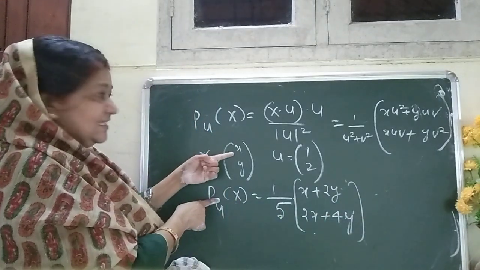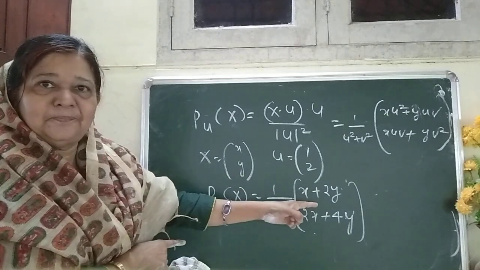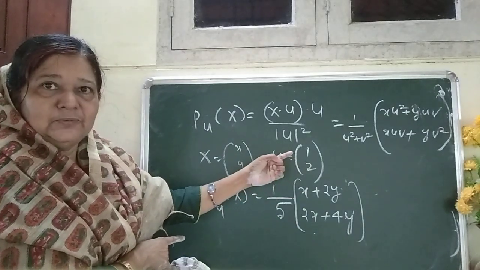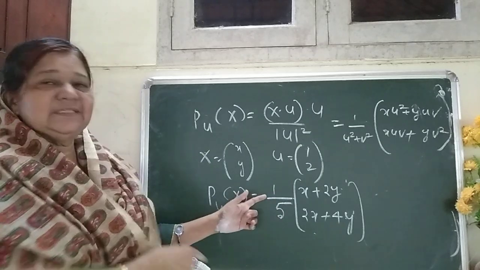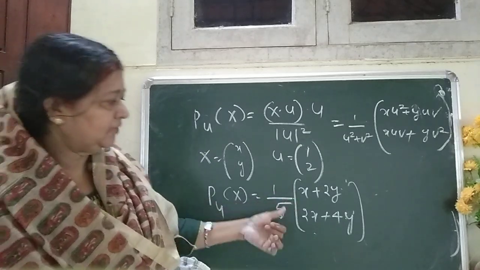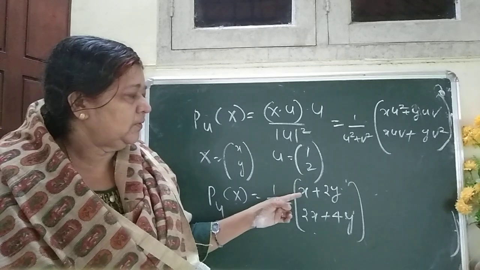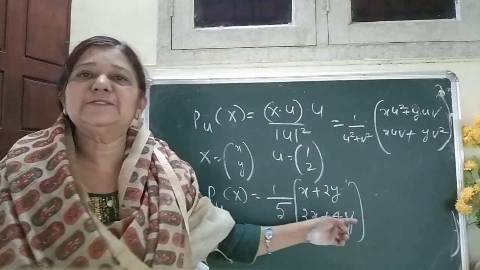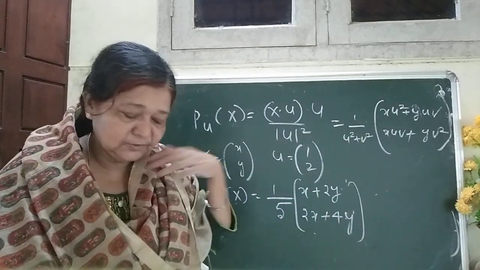So we transfer this (x, y) by means of this vector (1, 2). We have that PU of x is transferred to 1 by 5 into (x plus 2y, 2x plus 4y). That is the projection transformation.